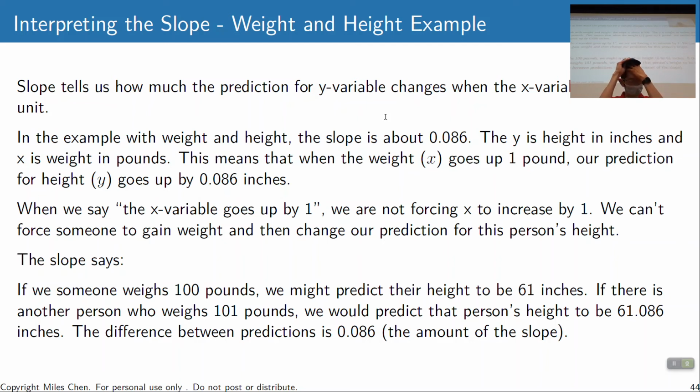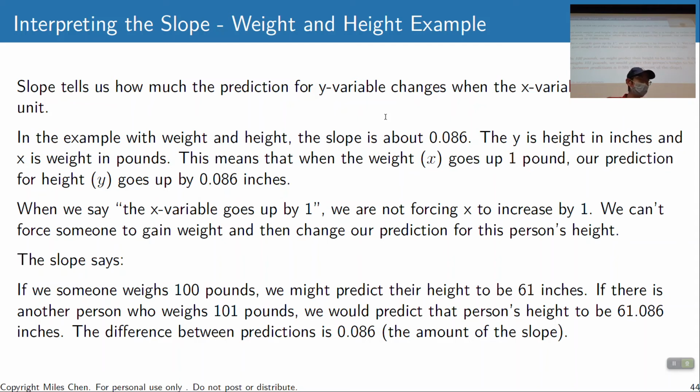Now, you have to be careful. When we say x goes up by 1, we're not forcing x to increase by 1. We're not saying we fed this person more food and they gained a pound of weight. Okay? We're not forcing someone to gain weight and causing them to grow taller.